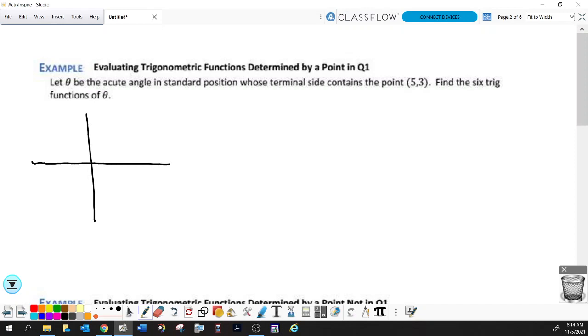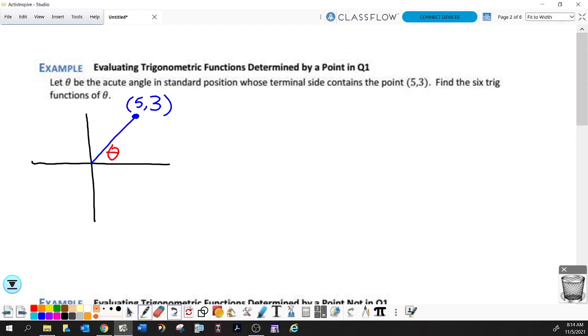Picture not drawn to scale. What just happened here? There we go. I might have written too fast for the computer. There. We're in quadrant 1. Here's theta. Standard position.